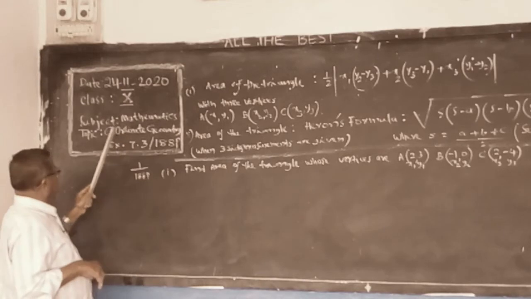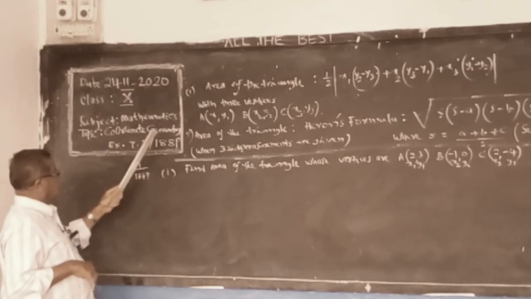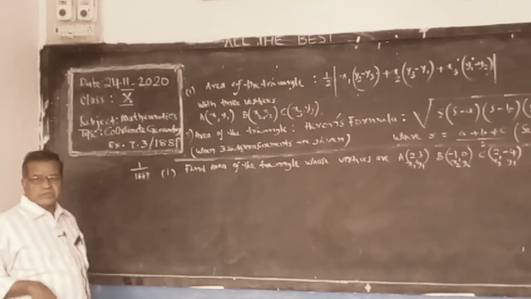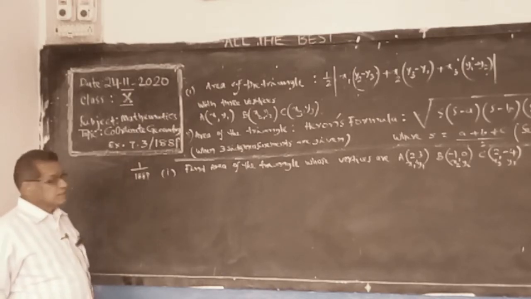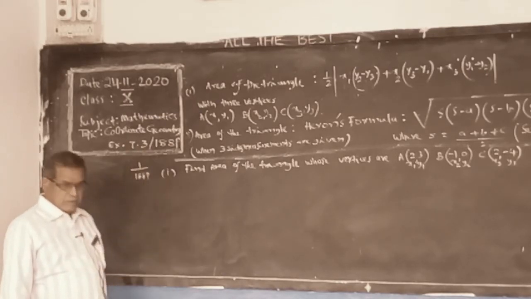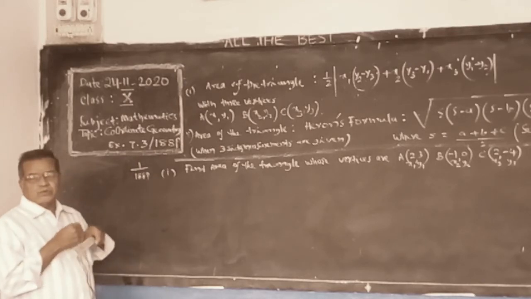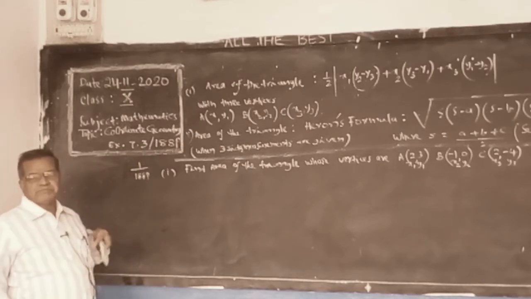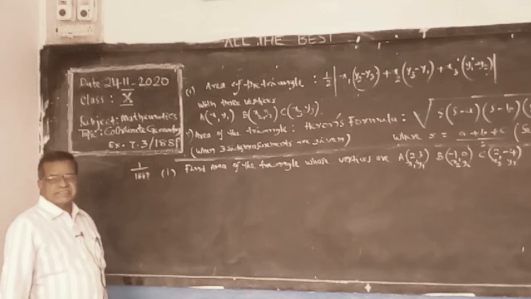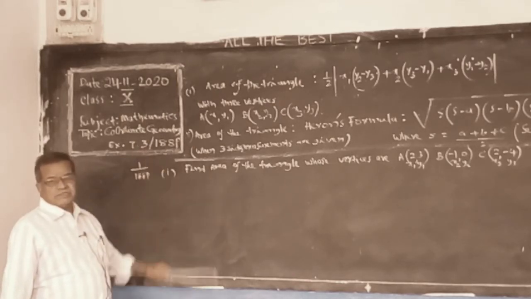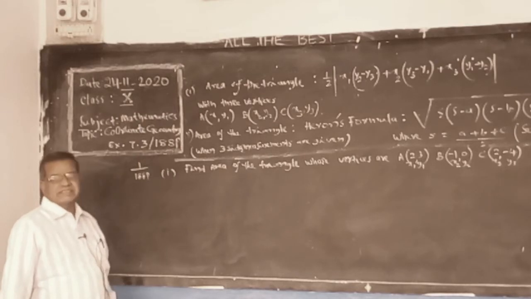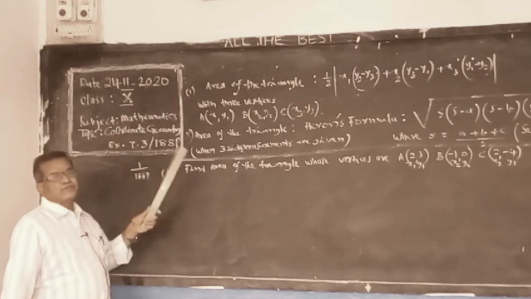We are doing problems on coordinate geometry, exercise 7.1, related to the distance formula, finding distance. The second exercise, 7.2, is on the section formula.